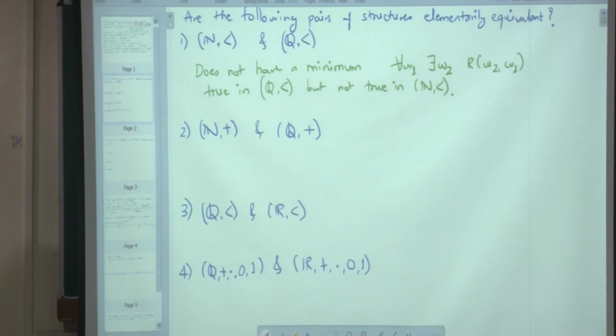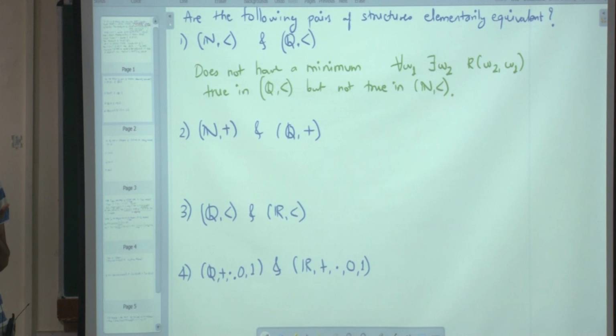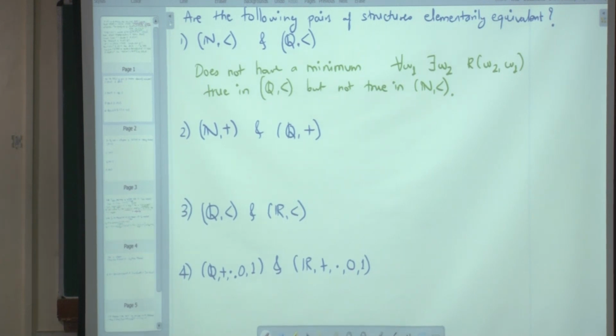What about the second one, natural numbers with addition and rational numbers with addition? You can single out 0 in N plus, but you can't do it in Q plus. How can you single out 0 in N plus? By creating less than, using there exists a number such that. But I think you can also single out 0 in Q plus by saying it's the additive identity. Yes, that's not working out then.